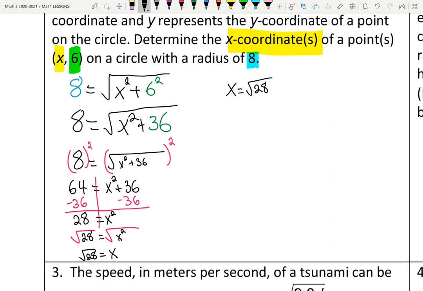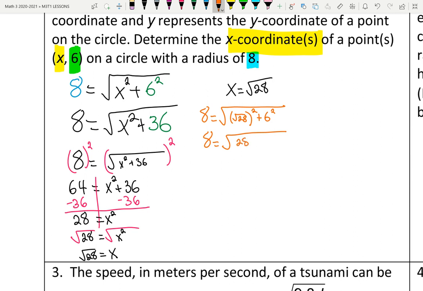Let's make sure that this is valid. So I'm going to plug in the square root of 28 for x. So 8 is going to equal the square root of the square root of 28 squared plus 6 squared. 8 is going to be equal to the square root.